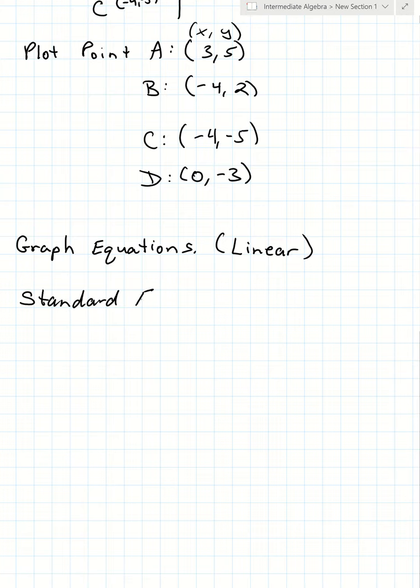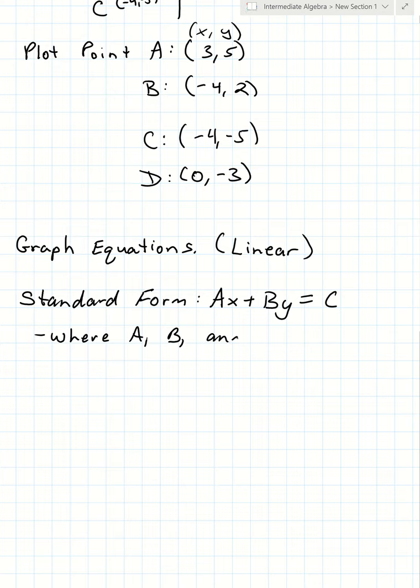Now, standard form looks in a particular fashion. AX plus BY equals C, where A, B, and C are going to be numbers. You're going to have two variables here, X and Y are going to be variables.